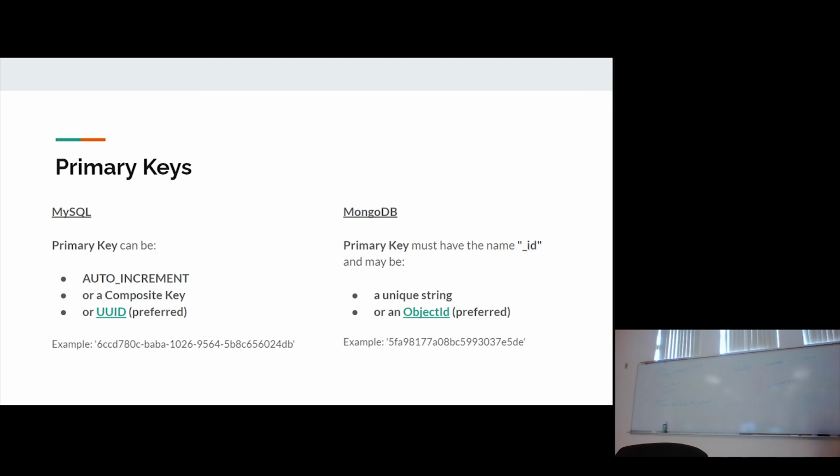Cool. We can actually do composite keys as well. What we usually end up doing, if we want a composite key, is take the course ID, put an underscore between it, and then put the student ID.